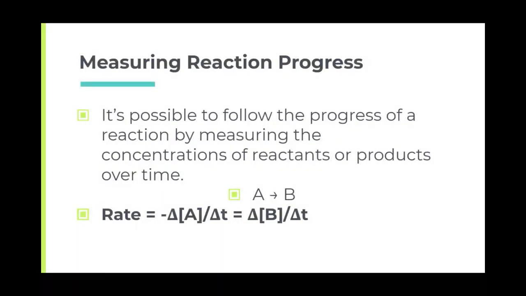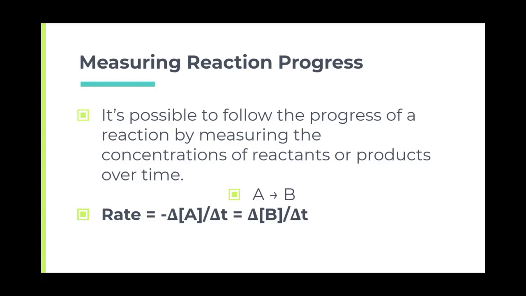Okay, to measure the reaction progress, we've come up with a method to write out equations to figure out a rate. Looking at the example, reactant A turning into product B, you want to measure the reaction by looking at the concentration of A, how it changes over the change in time.